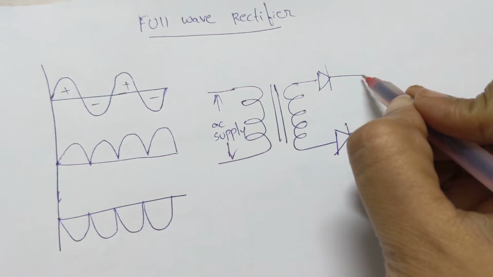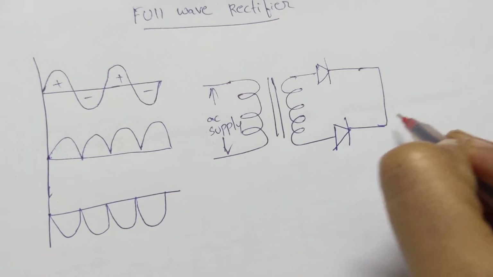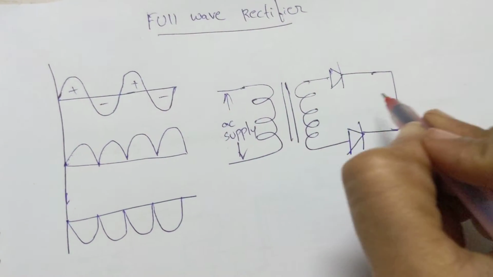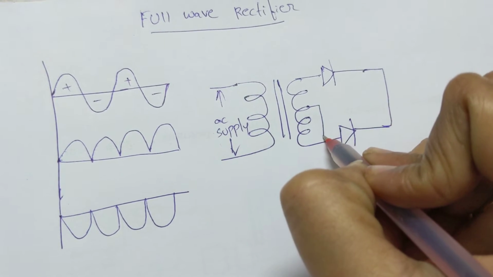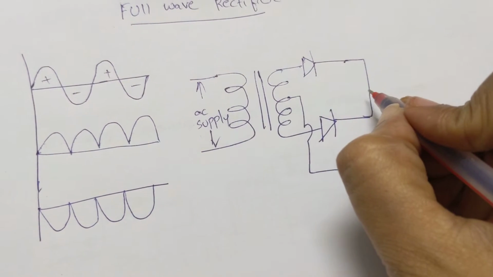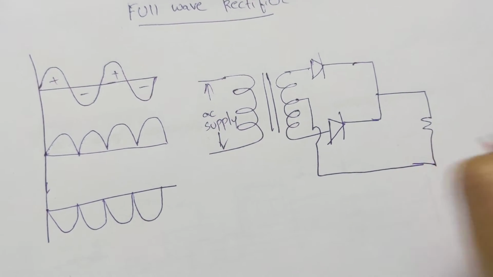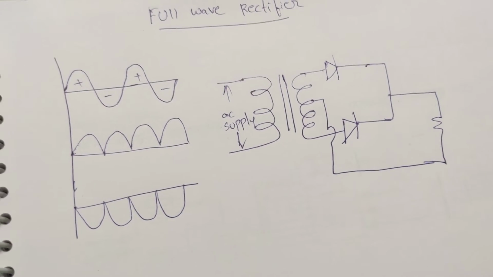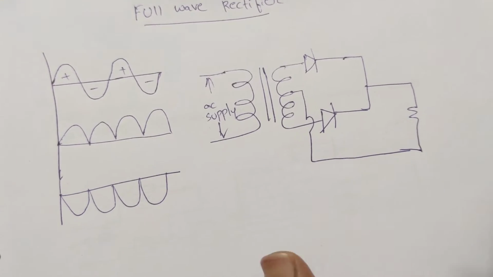That means these two will come under one terminal. To get ground potential, I am considering this as my ground potential wire. So to this common terminal, I am placing my load resistance. So the circuit is very simple.